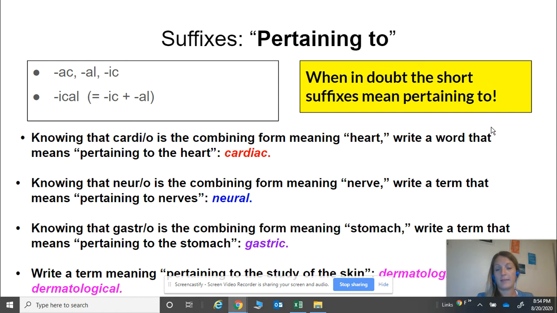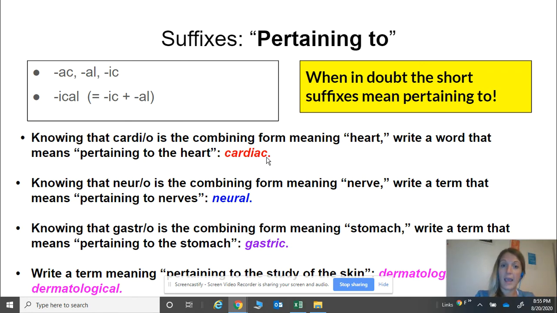So at the end of a lot of words as a suffix, you're going to see these two little letters a lot of the times, or sometimes four, which is two of them together. And they usually mean pertaining to. So an example would be if you have cardio, and we know that the cardio combining form means heart, then you add the AC at the end of it.